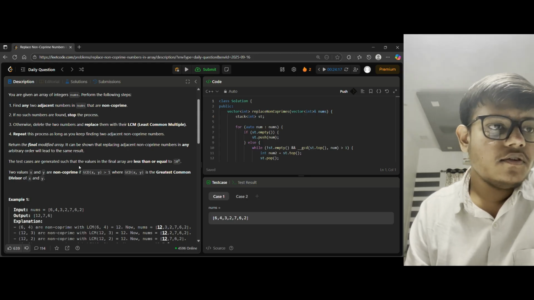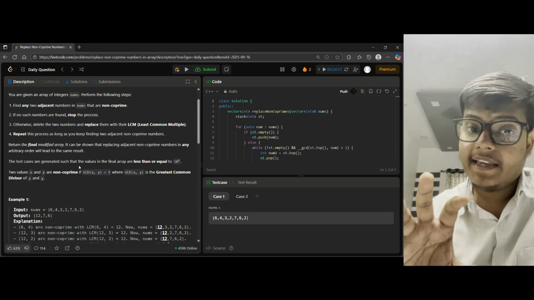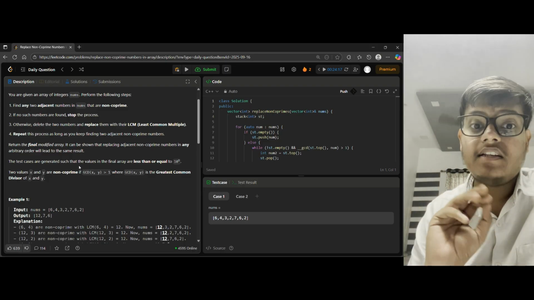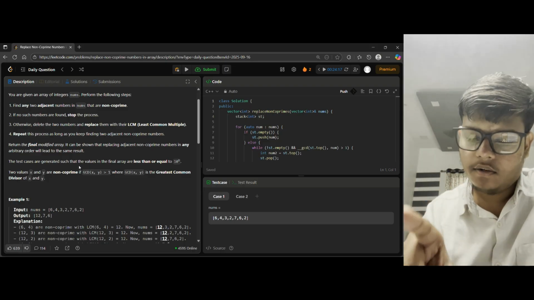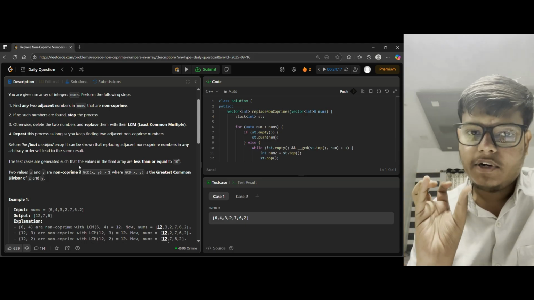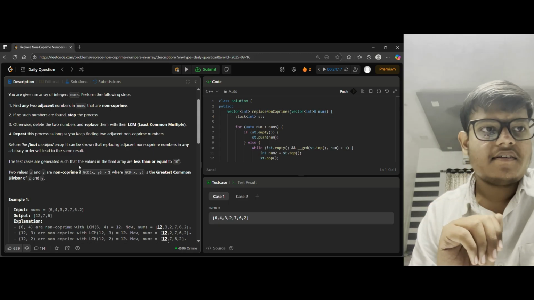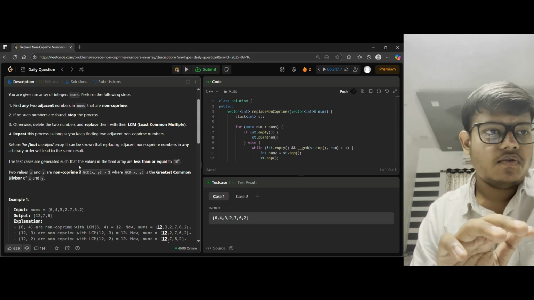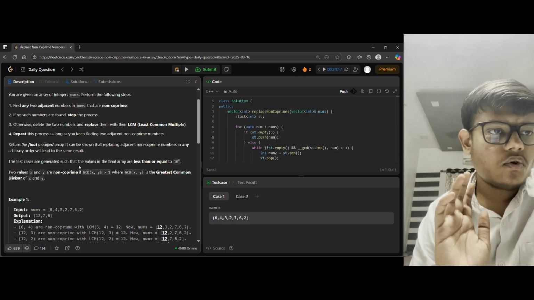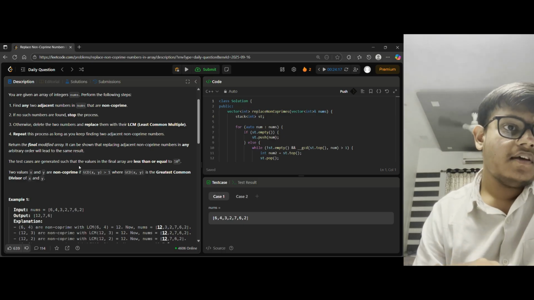So what I am going to do is take out num1 and num2, take the LCM of num1 and num2, and insert that LCM at that position. This is what we have to do.